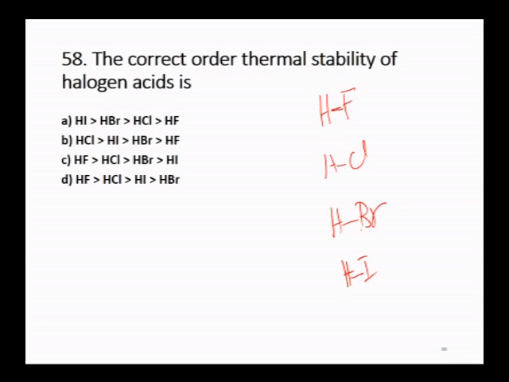In option D, HF is correct, HCl is correct, but HI is not correct; it should be HBr. So among the four options, option C is correct: HF greater than HCl, greater than HBr, greater than HI. So, answer C is correct.